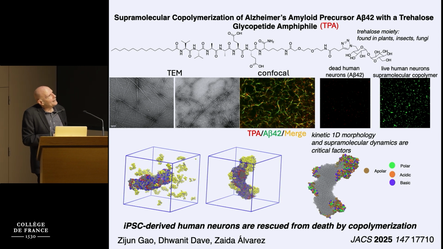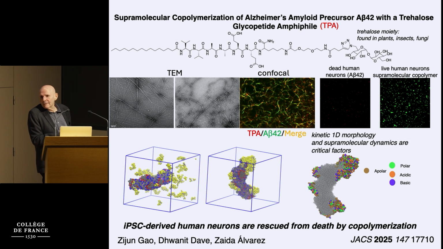We found that these assemblies right here, which you see here, copolymerize with A beta 42 peptide, which is the culprit in Alzheimer's disease, for example. And you see this in confocal, this is the trehalose A beta 42. You see a lot of yellow because they are copolymerized.